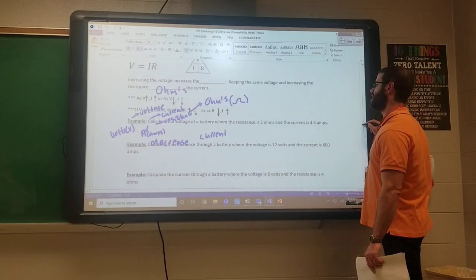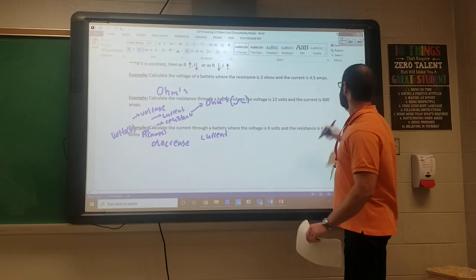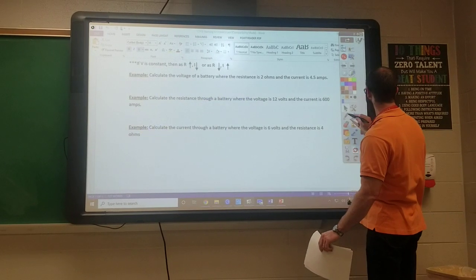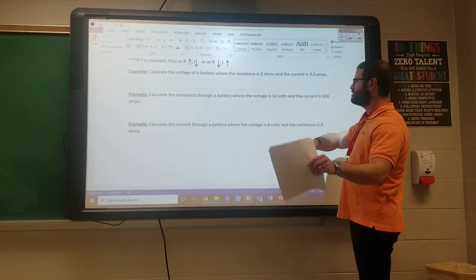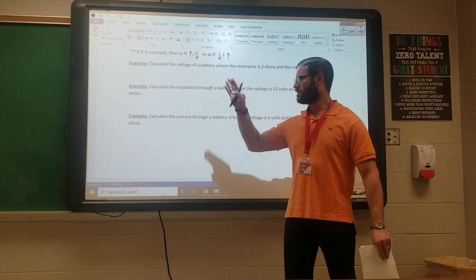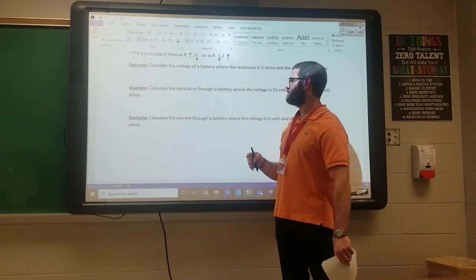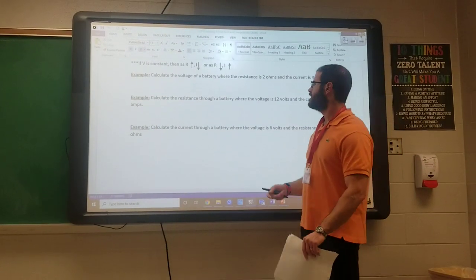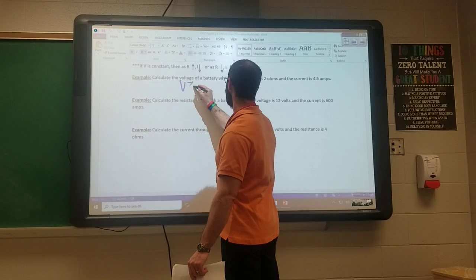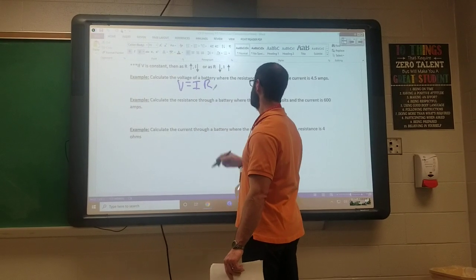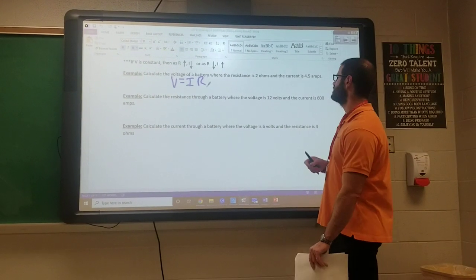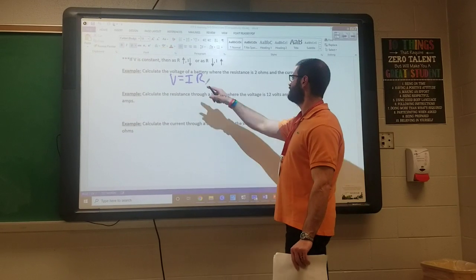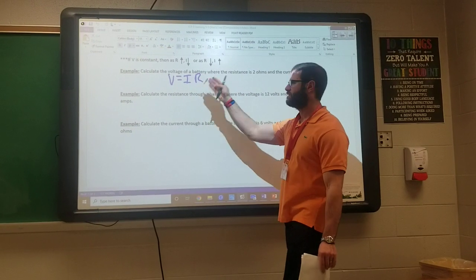Your practice on this section will consist of problems very similar to what we're going to practice right now with our examples, where we're calculating voltage, resistance, or current. We always want to start with Ohm's law, V equals IR. Voltage equals current times resistance. It says calculate the voltage of a battery. So what are we trying to find? The voltage.